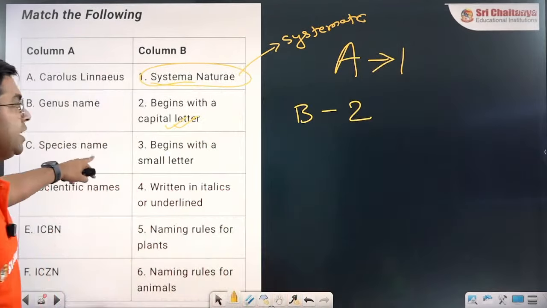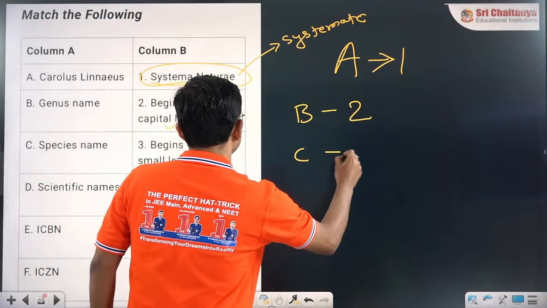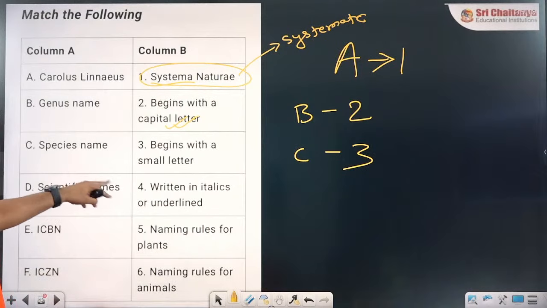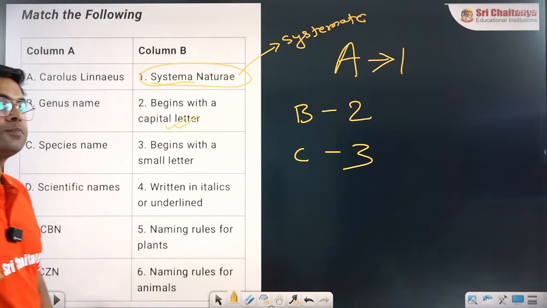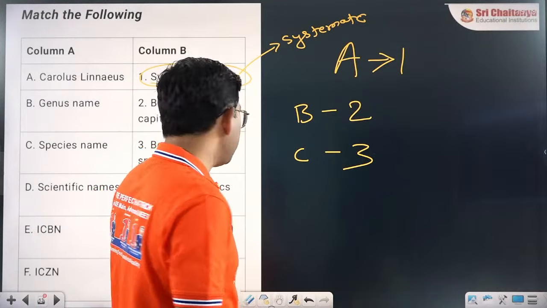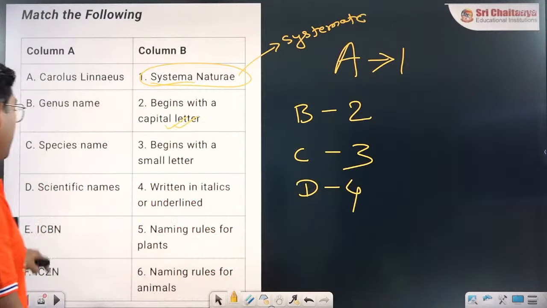Now the species name always begins with a small letter. So C is 3. Scientific names are written in italics and underlined. So D will be 4.